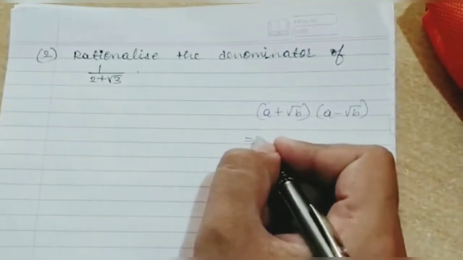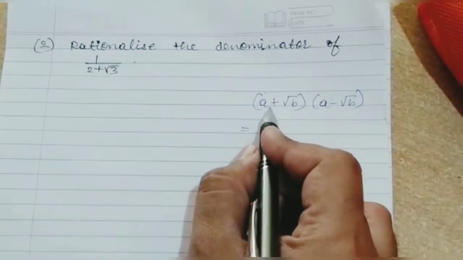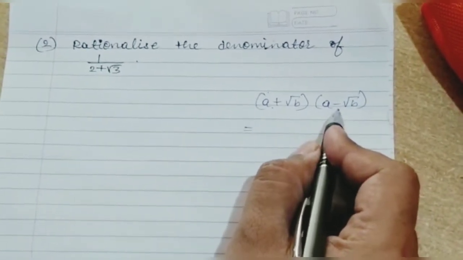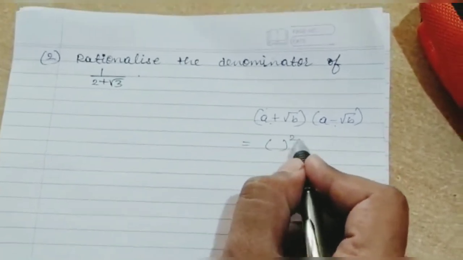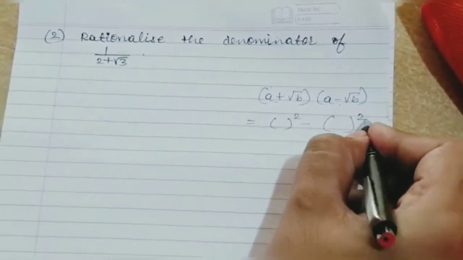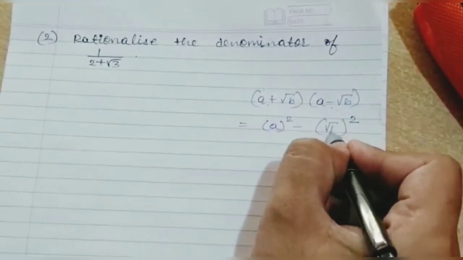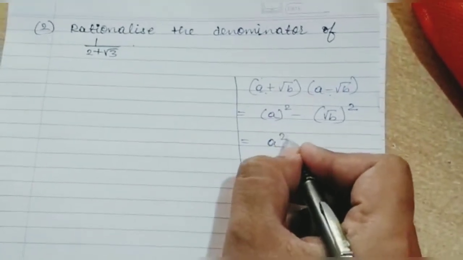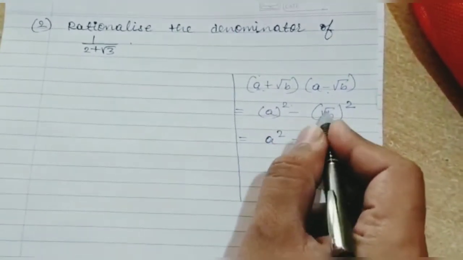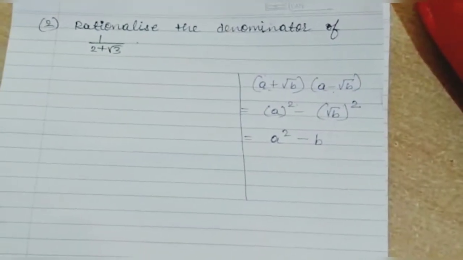This is what we studied last year, the difference of squares: (a plus b) into (a minus b) is a square minus b square. So a whole square and root b whole square, the square and square root cancel, so it becomes a square minus b.